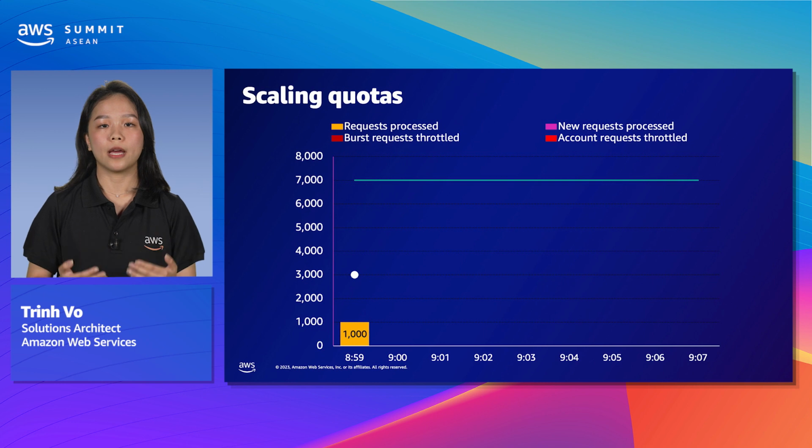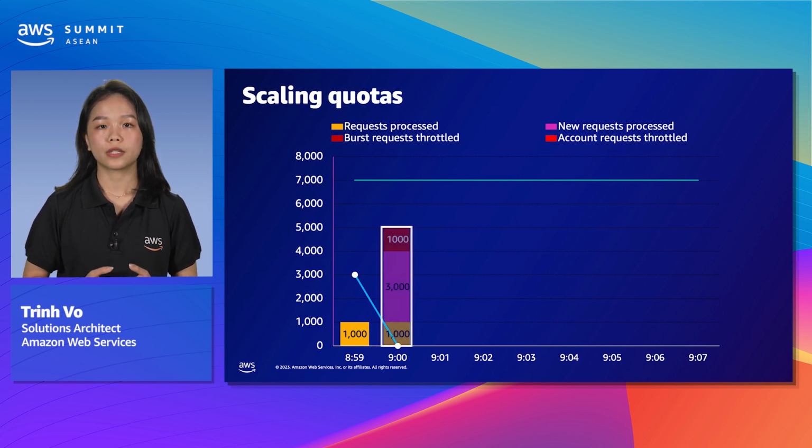Just before 9 a.m., the application has a steady stream of requests utilizing 1,000 concurrent sandbox environments, with the burst quota available for 3,000 requests. At 9 a.m., the sale begins. There's a large spike in traffic with 5,000 requests, in which 1,000 requests use the existing execution environments with warm starts.